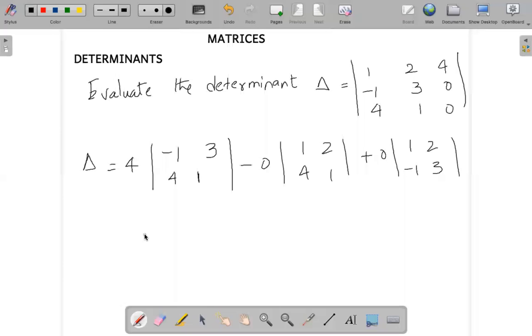After that, we have to find the individual ones. So 4, and this becomes 0. This also becomes 0. So we get minus 1 and minus 12. So we get this as minus 52 after simplifying.